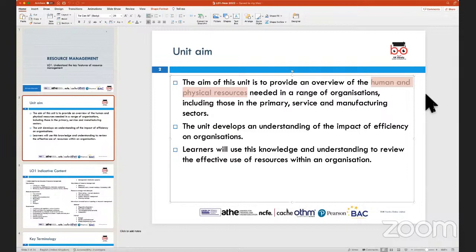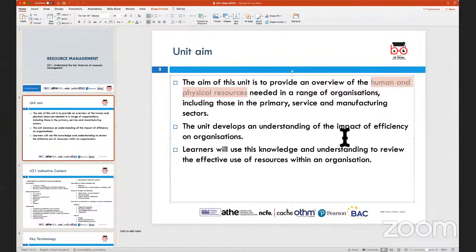One of the key things the organization needs is human resource, that means people who will carry out functions and roles and responsibilities on a day-to-day basis for the organization to function. Similar is the case with the NHS.